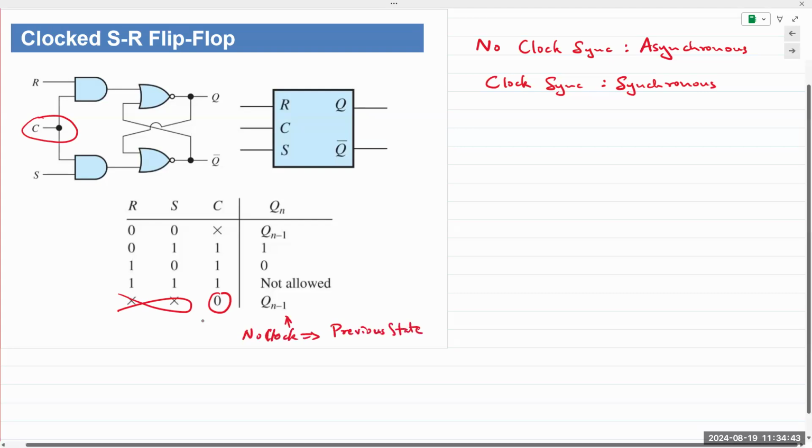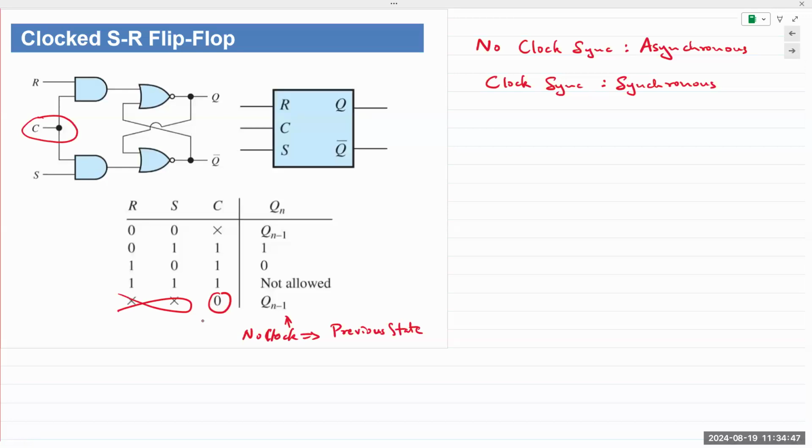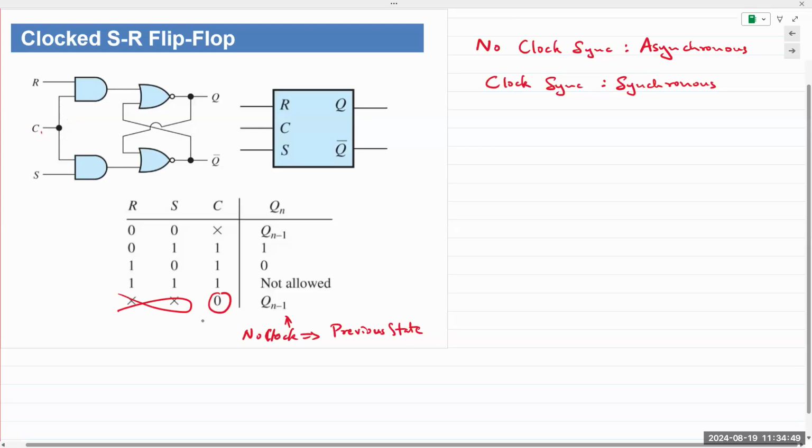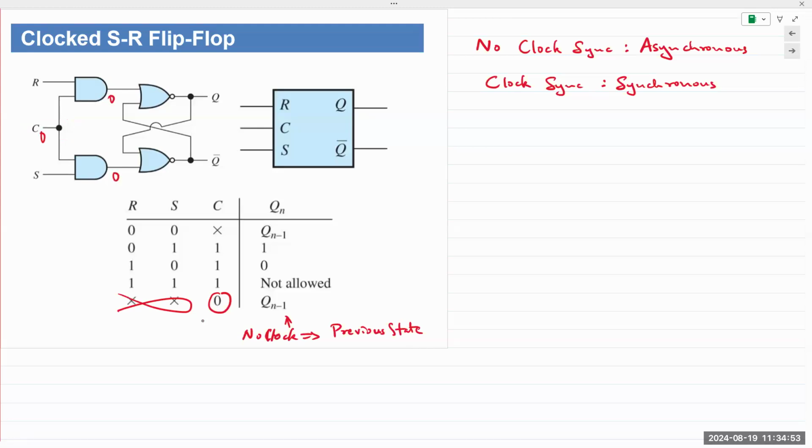Doesn't matter what you give at the input, the output's not going to change. It's easy to see why. If clock is 0, the output of both AND gates are 0. So if it's 0, 0 going into the flip-flop, output is going to remain in the previous state. Make sense? Right?